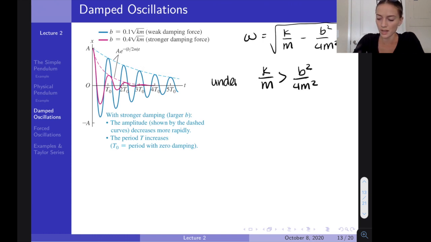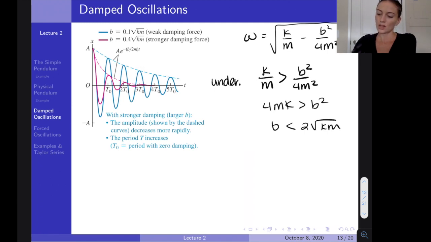This is called underdamping. If this is the case, we can simplify this a little bit. We'll get 4mk is greater than b squared, which simplifies to b is less than 2 square root km. So omega will be positive, because this term is greater than this term, so it's not imaginary or anything like that. And then you will have it just oscillate like this.